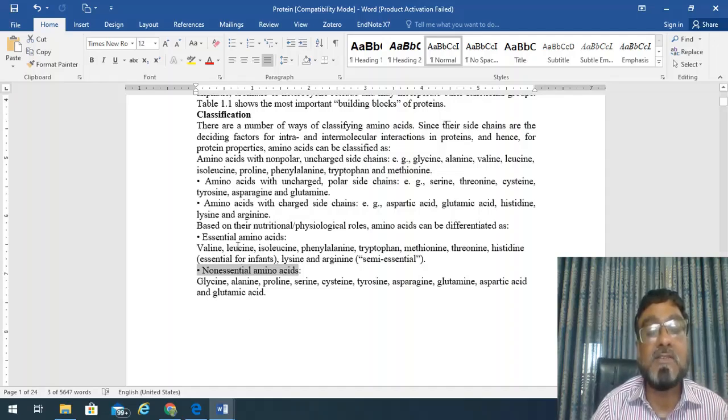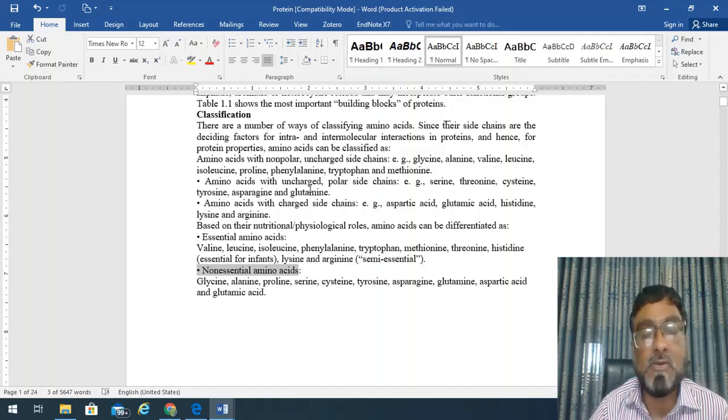Another classification, which food chemists normally use, is based on charged and uncharged side chains and polarity. Amino acids with an uncharged polar side chain are serine, threonine, cysteine, tyrosine, asparagine, and glutamine.